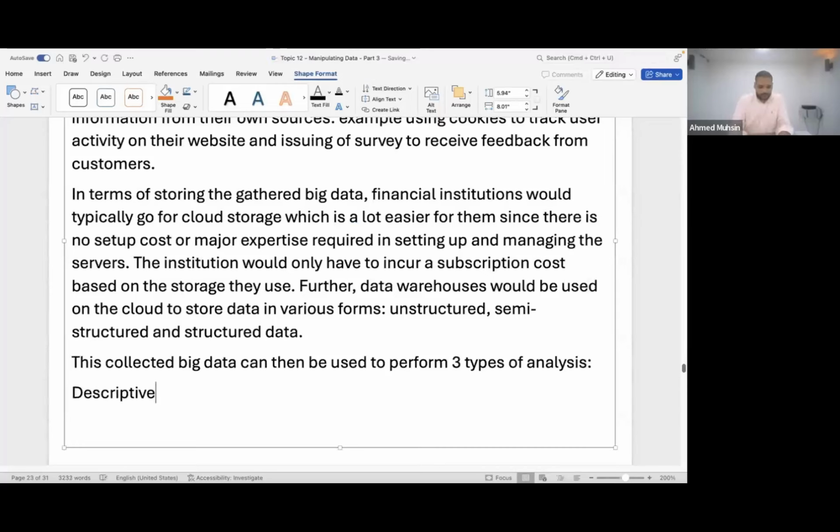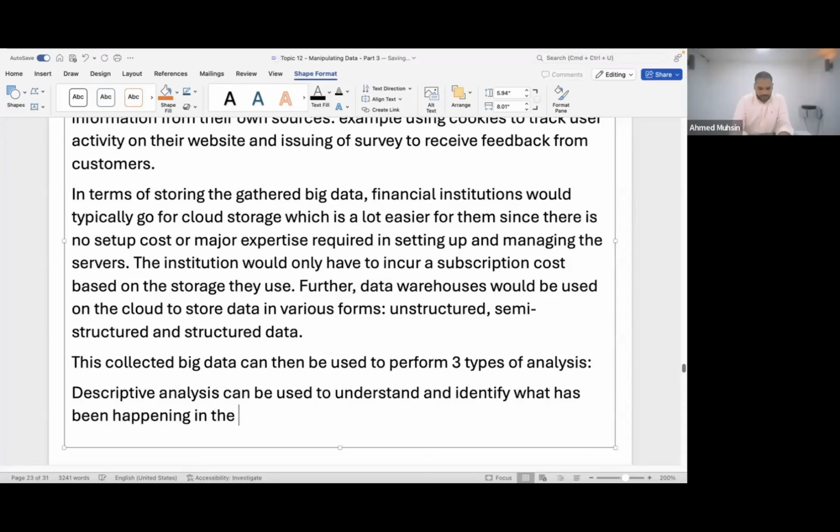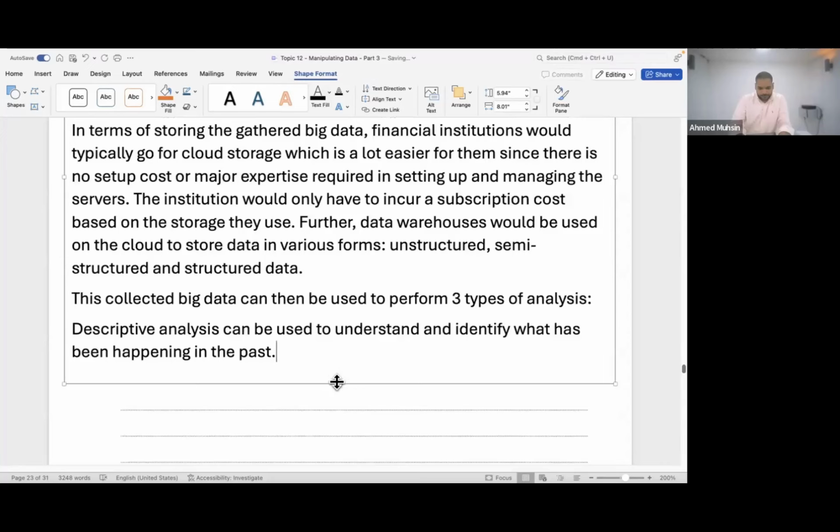I'll just note this down and then let you all go. Descriptive analysis can be used to understand and identify what has been happening in the past.